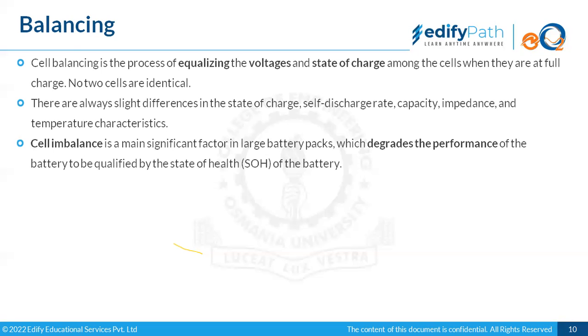It starts with a very small amount, which is mostly taken care of by the BMS, but when the difference or bandwidth of error between two modules or two batteries increases beyond a certain level, it is not possible for the normal BMS to take care of it. At that stage we will say the battery has lost its balancing, or it is in a disbalanced condition.